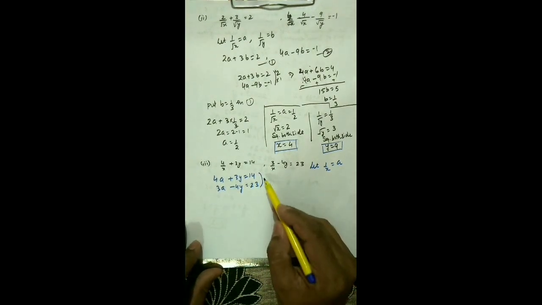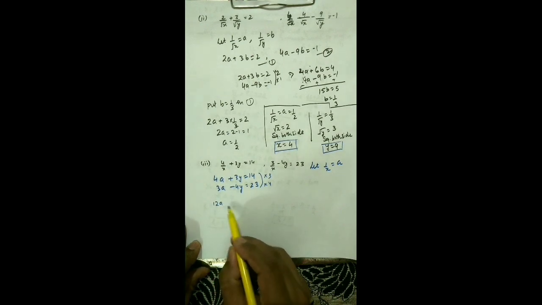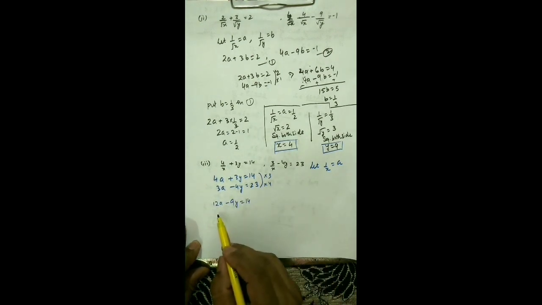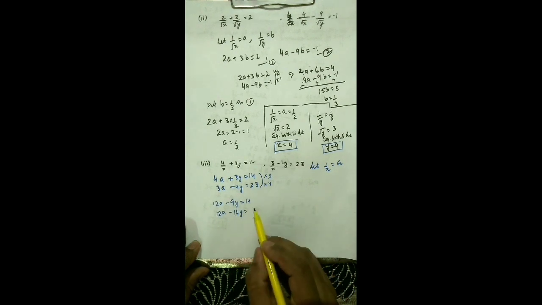You can multiply this by 3 and this by 4, so this will be 12a minus 9y equal to 14, and this will become 4 into 3a is 12a minus 16y equal to 23 into 4, this is 94, 92.